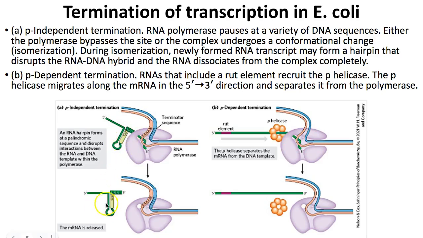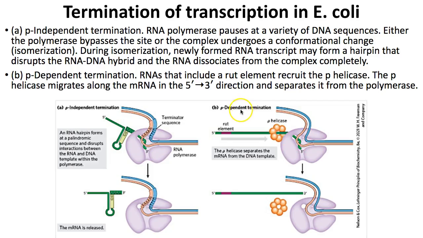From having this hairpin, it disrupts the RNA-DNA hybrid, and the RNA thus gets dissociated from the complex. This is the rho-independent termination.